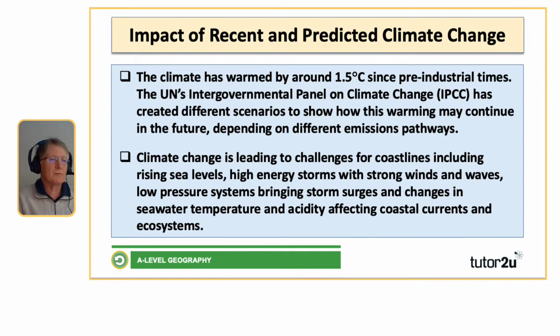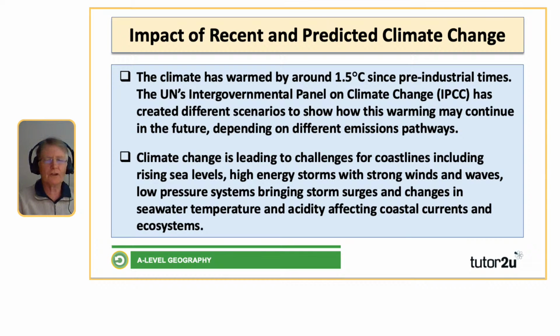We can expect rising sea levels, obviously, but also high energy storms, strong winds and waves, low pressure systems, which we've had over the last few weeks, to bring storm surges, and changes in the seawater temperature and acidity affecting coastal currents and ecosystems. Today, for example, was the 40th anniversary of the Thames Barrier, which is there to protect London from a storm surge. And there's also been concern in the news today about the impact of climate change on coral reefs. So all of these things are very, very current.